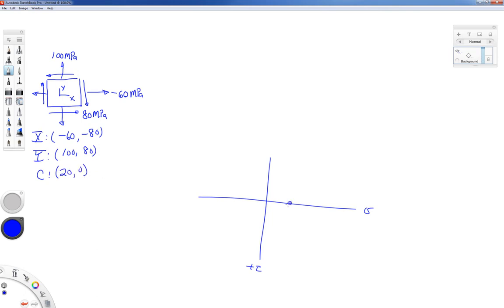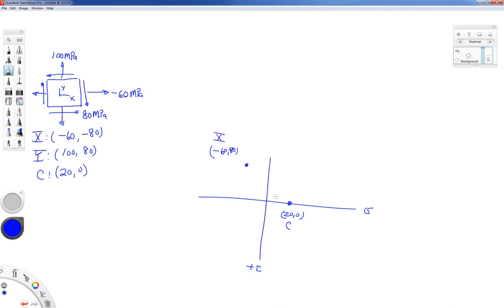I'm going to sketch this in, and it doesn't have to be a really pretty sketch. If you have paper, it's easier than like I said, I'm drawing on this pad. There's my center of my circle. And then my X point is going to be minus 60. So I'm going to go this way, and I'll go minus 80, which is maybe this way. And I want to label that as my X point.